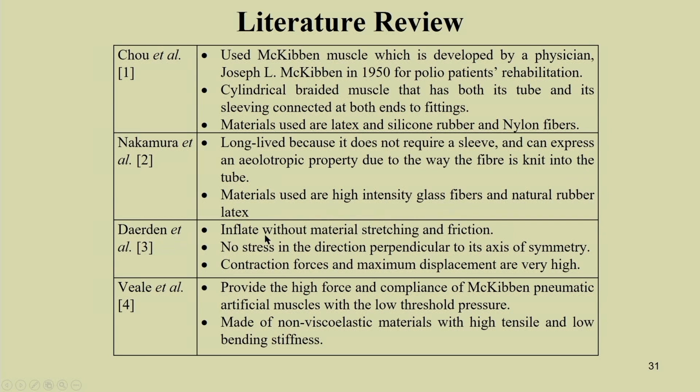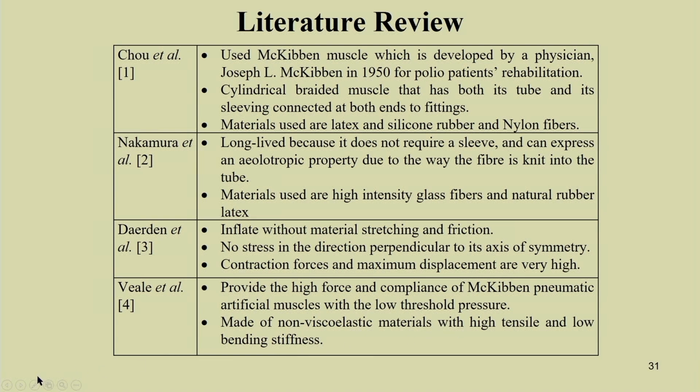Then Daerden et al.: they inflate without material stretching and friction, so there is no stress in the direction perpendicular to the axis of symmetry, and contraction forces and maximum displacement are very high. Then Vanderborght et al. provide the high force and compliance of the McKibben pneumatic artificial muscle with low threshold pressure, made up of non-viscoelastic material with high tensile and low bending stiffness.